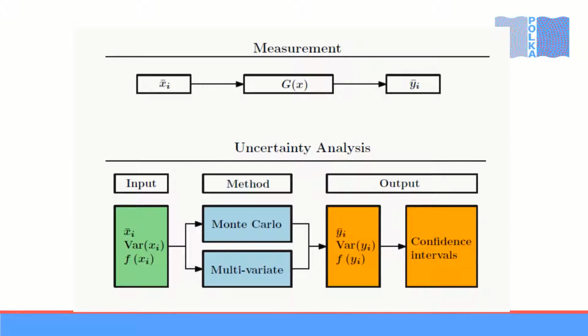And then to find out how the calculation that you do is affected, you can do it in different ways, and we will talk briefly about both of them. One is numerical simulation, such as the Monte Carlo method, and another one is called the multivariate technique, and we'll talk a bit more about this.